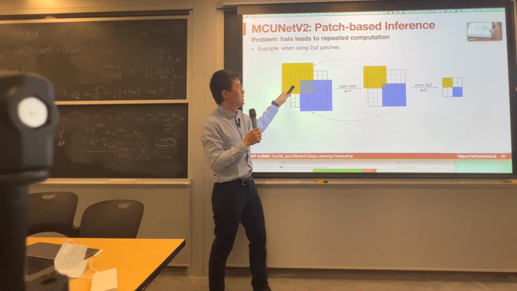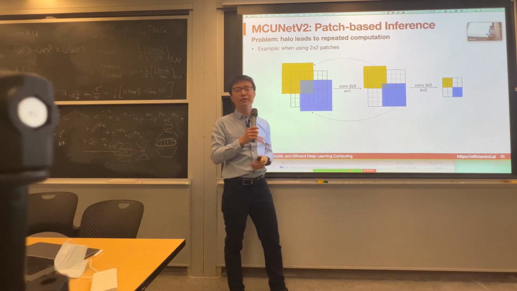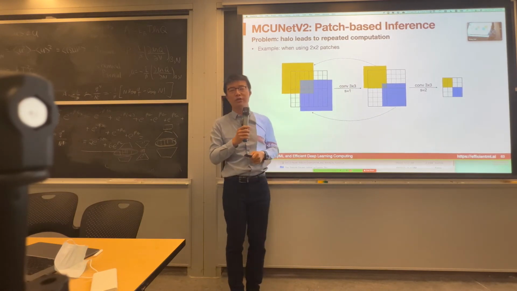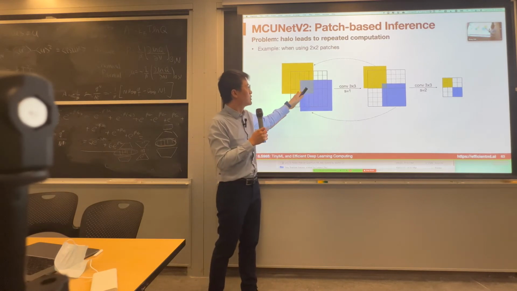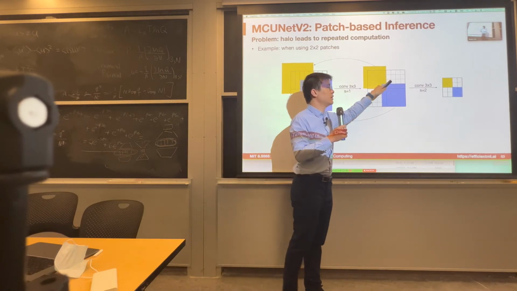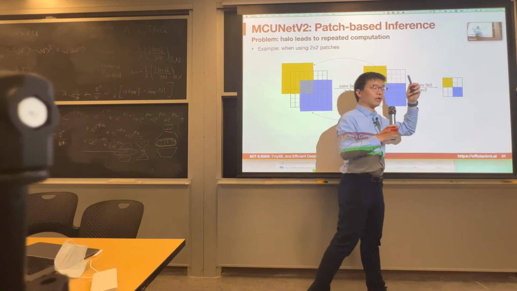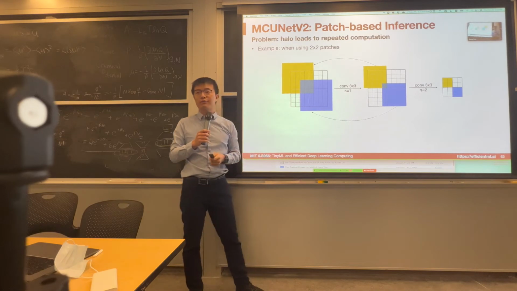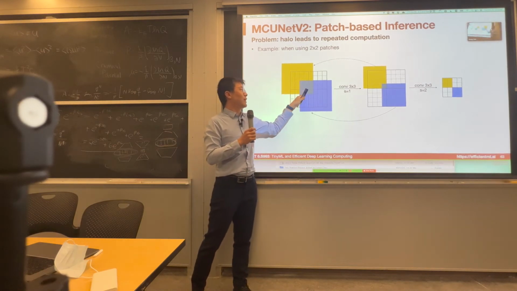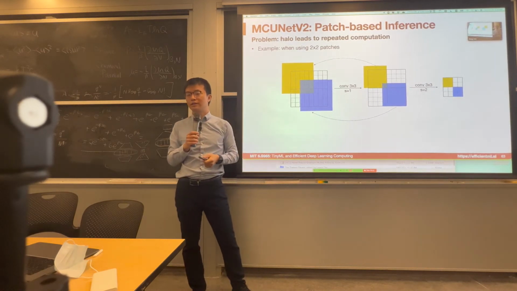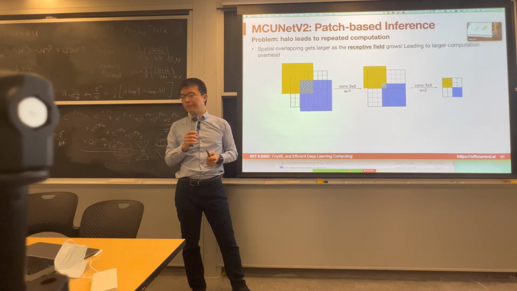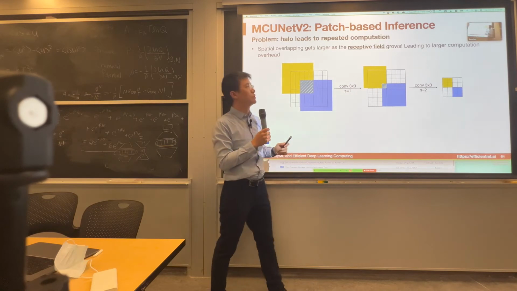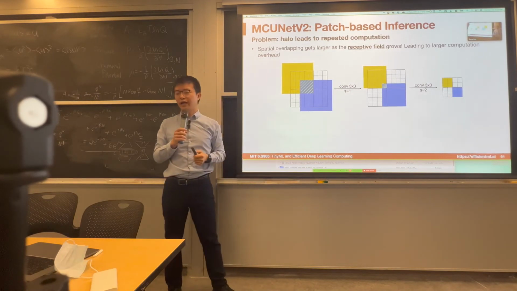After another layer, due to a 3 by 3 convolution, each layer expands the receptive field by 2 pixels. So we have this halo region, which is the overlap between different patches. Running such patch-based inference will lead to this overhead of computing this halo twice. This spatial overlap gets larger as the receptive field grows, leading to larger computation overhead.